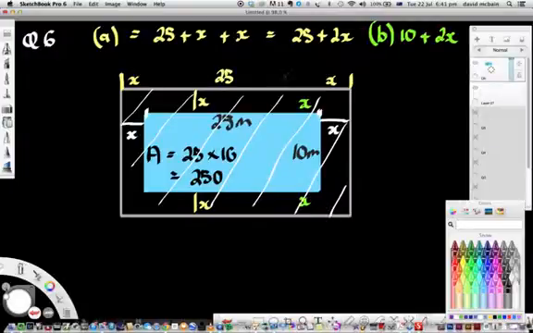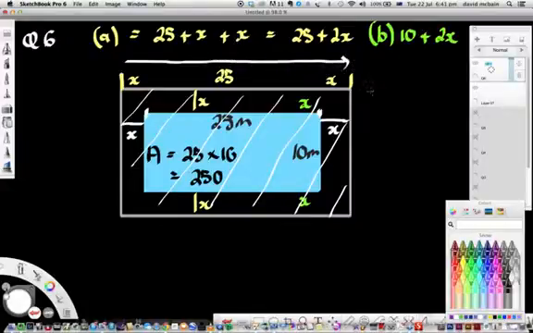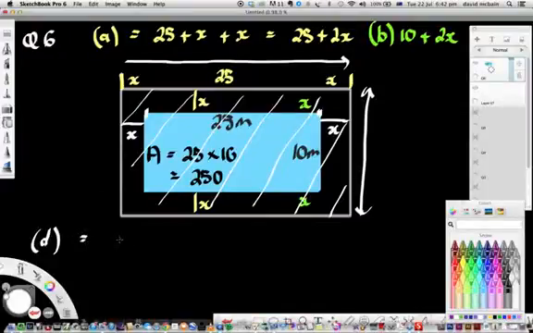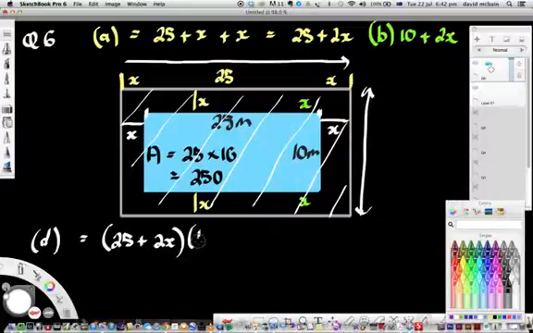What's going to be the length times the width, which is going to be 25 plus 2x times 10 plus 2x. So part D of question 6, which is an algebraic expression for the area of the pool and the path, will equal 25 plus 2x times 10 plus 2x.